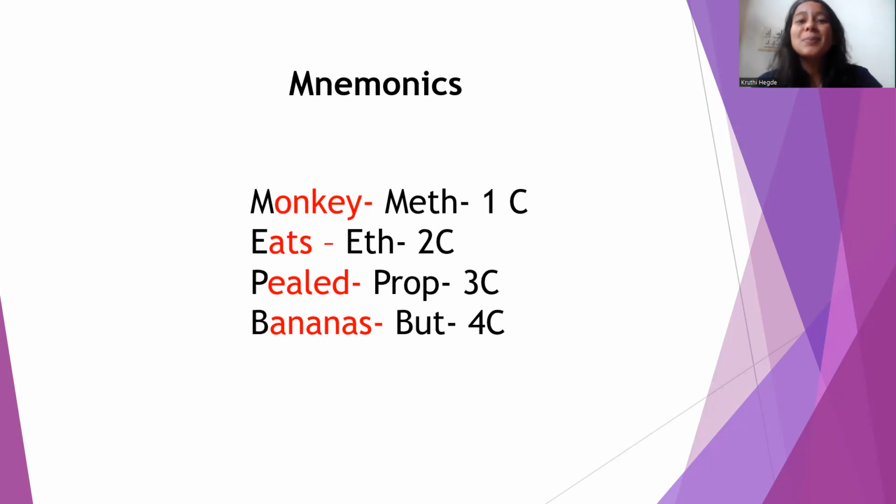If one carbon atom is there, the name starts with meth. If two carbons, it starts with eth, eats. If three carbon atoms, peeled, P, it starts with prop. If four carbon atoms, it starts with B, but, but. We say but, we don't read it as but, we read it as bute.